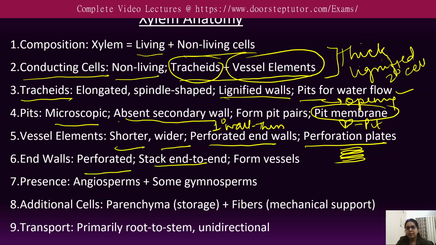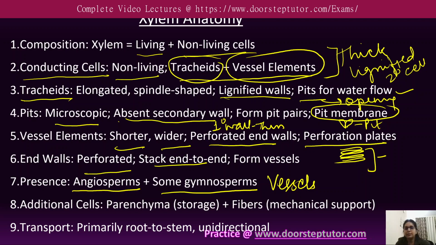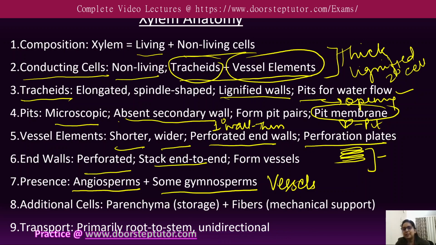This arrangement provides an efficient pathway for the movement of water. Vessel elements are present in angiosperms and some small groups of gymnosperms. Because of the open end walls, vessels provide a very efficient, low resistance pathway for water movement.